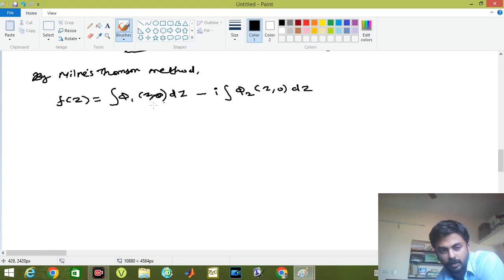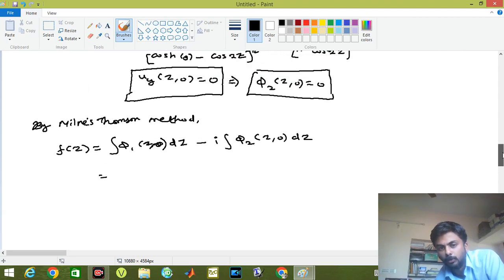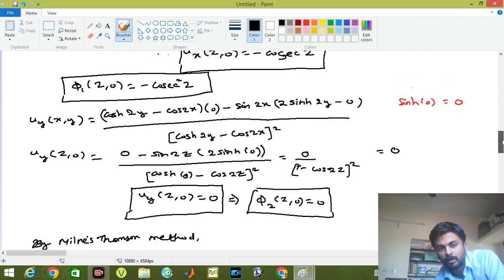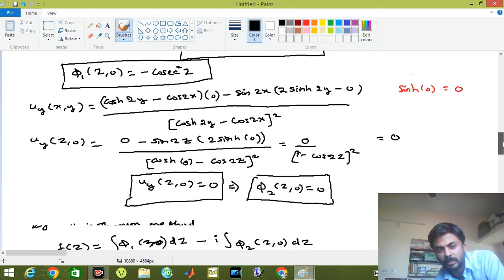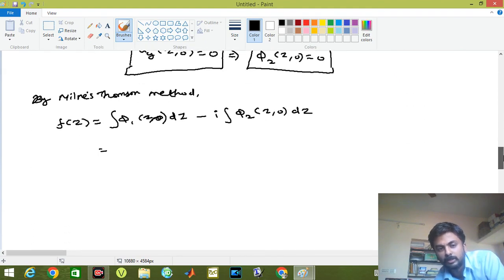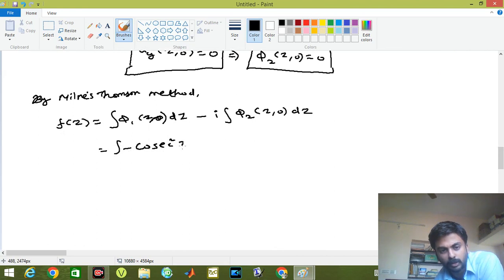We are having phi 1 of z comma 0 value as minus cosecant square z. So this is integral minus cosecant square z dz minus i into integral 0 dz. So this term will not exist.